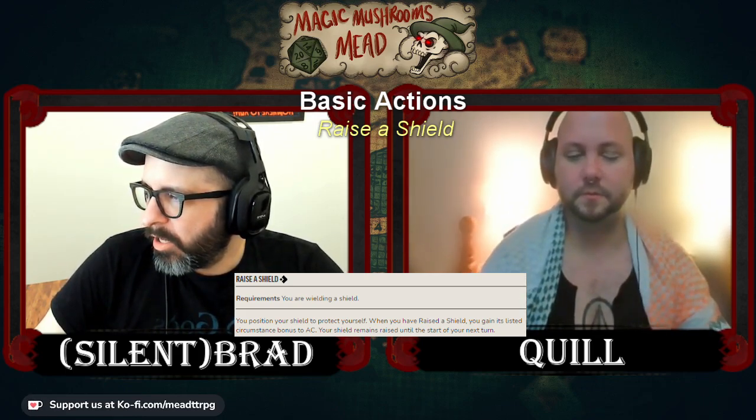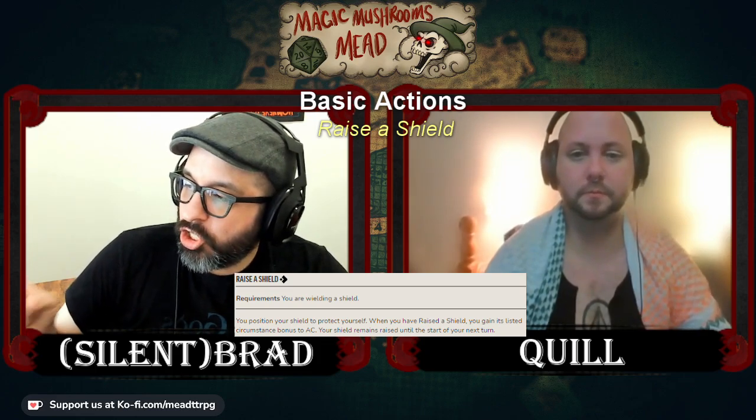So you don't get the shield bonus to your AC unless you use the Raise a Shield action. And then I believe it automatically, or you can choose to use it, at least in Foundry, you can choose to click block, and then the damage that you would have taken gets applied to your shield, and anything else goes to you.